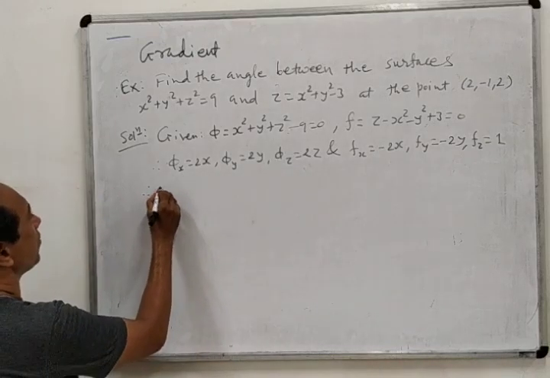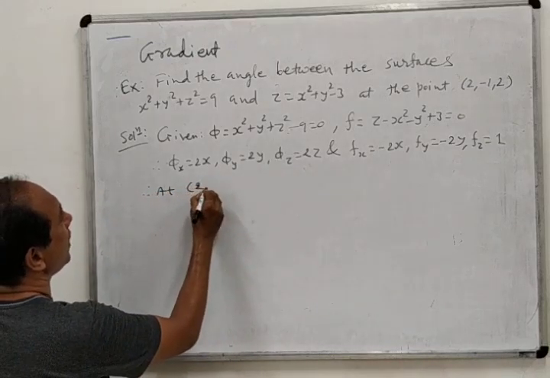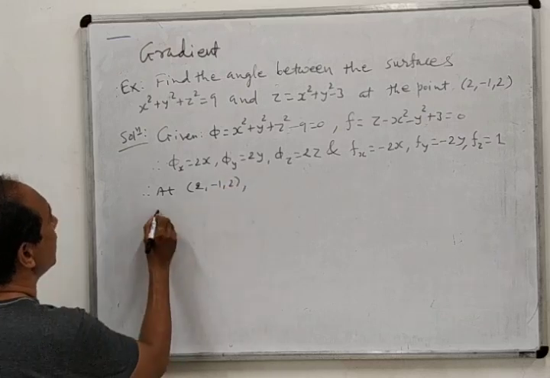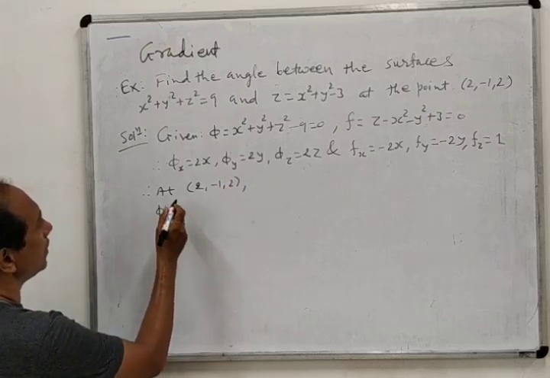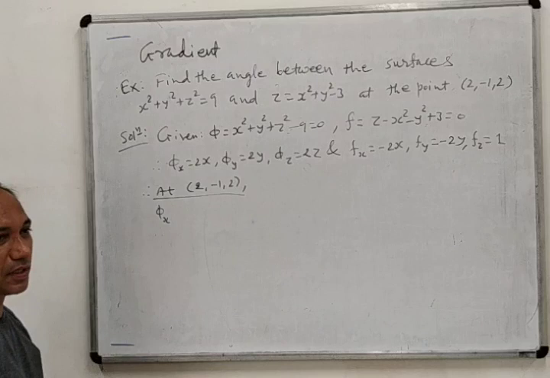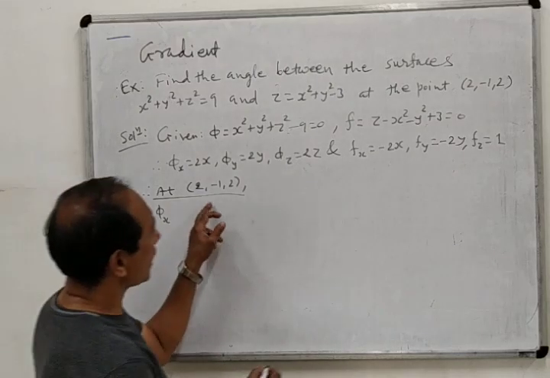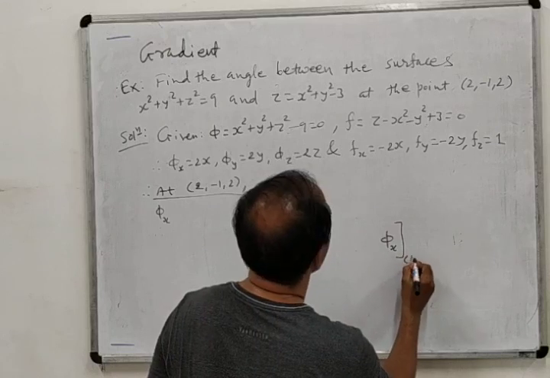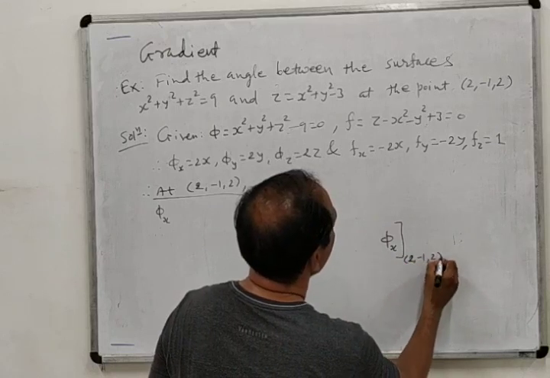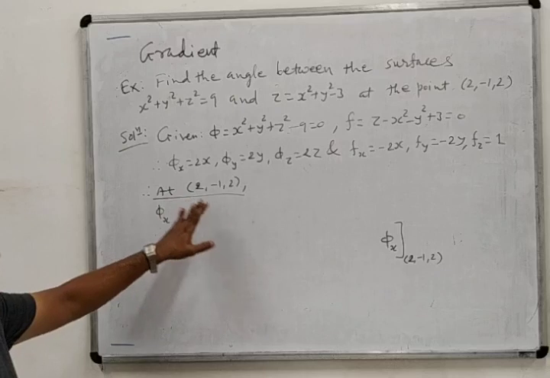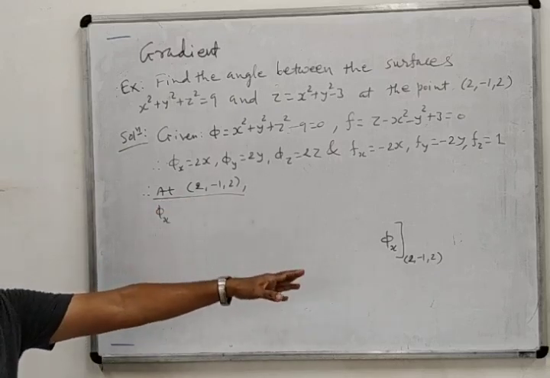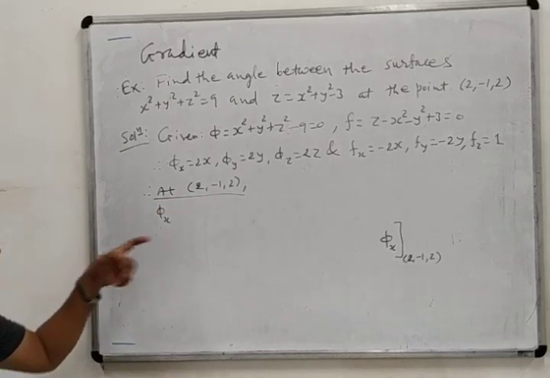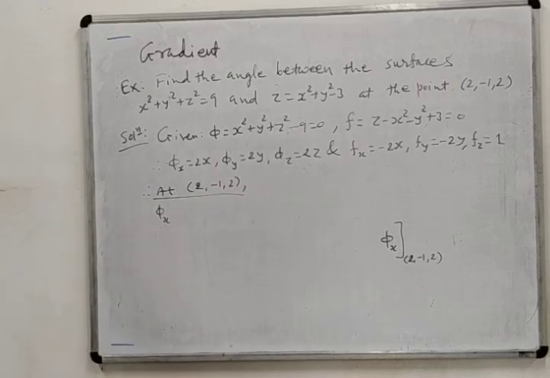And therefore at the point 2, minus 1, 2 we have phi x equal to, actually why do we write this one first? Because if we don't, then we will have to write every time phi x at 2, minus 1, 2. So to avoid writing this kind of expression at every step, we will write at 2, minus 1, 2.